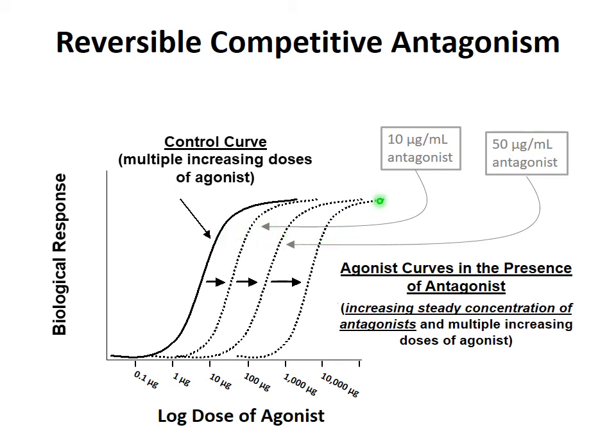We'll still get the same maximum biological response, but it'll take more agonist to do that. That's what an antagonist is going to do. At a given concentration of agonist, it will weaken the response, but we can still overcome that if we need to.